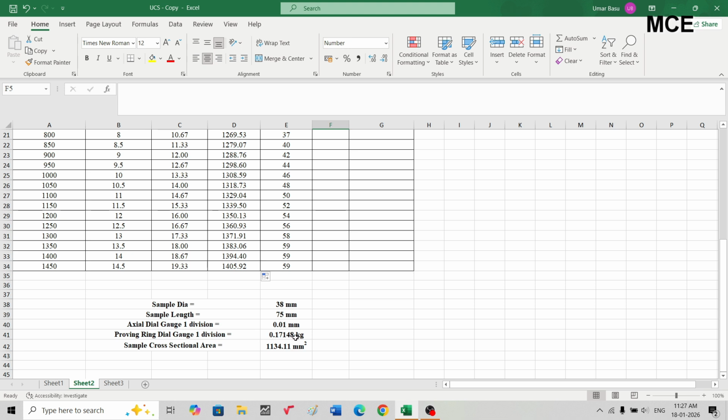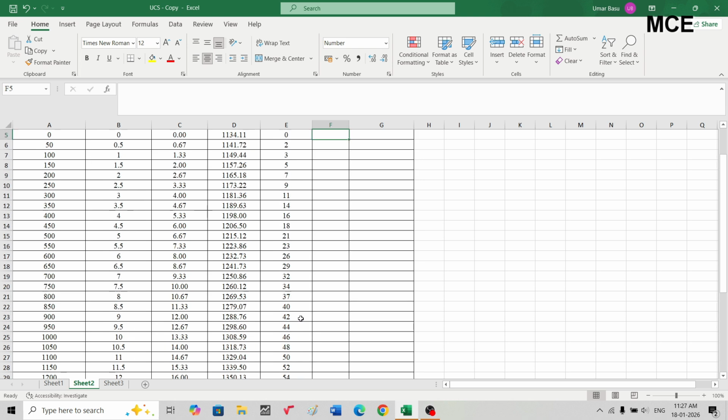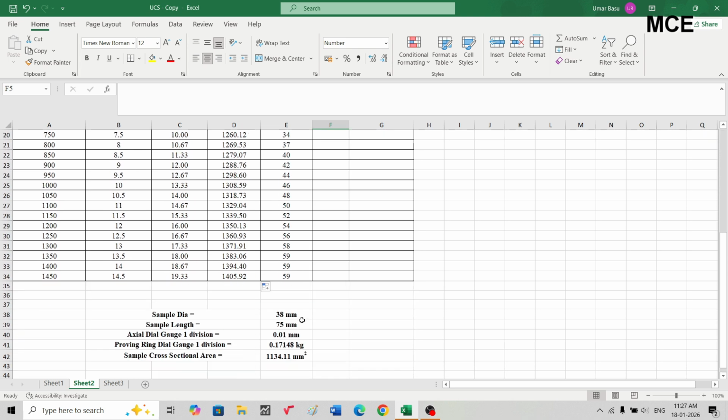This is for my unconfined compressive strength test machine. For your machine it will be different. You have to take the values from the calibration factor provided by the manufacturer of the machine. For each machine it's different, so you have to multiply the divisions with 0.17148.